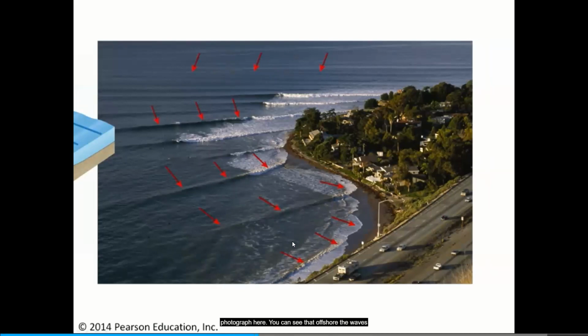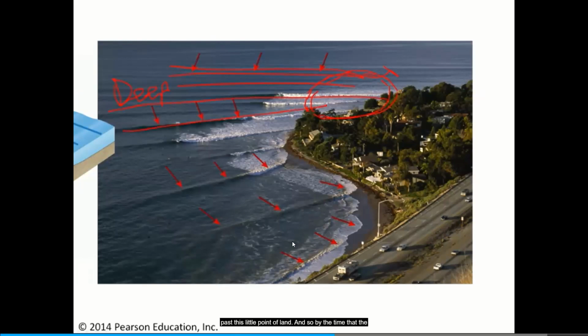You can see that offshore, the waves are coming in basically like that. Then as they start to feel shallow water in this area immediately offshore, they slow down. And the waves out here in the deeper water, let's go ahead and write the word deep there, those waves are still moving at full speed. So the waves tend to curve around as they go past this little point of land.